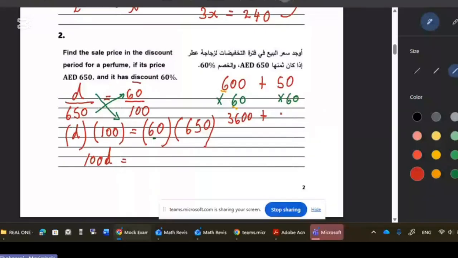Okay, and I know that 6 times 5 is equal to 30. And I still have these 2 zeros. Okay, and then I'm going to bring those zeros down like this, 0 and 0. And now, what am I having now, guys? I'm having 36,000 plus.